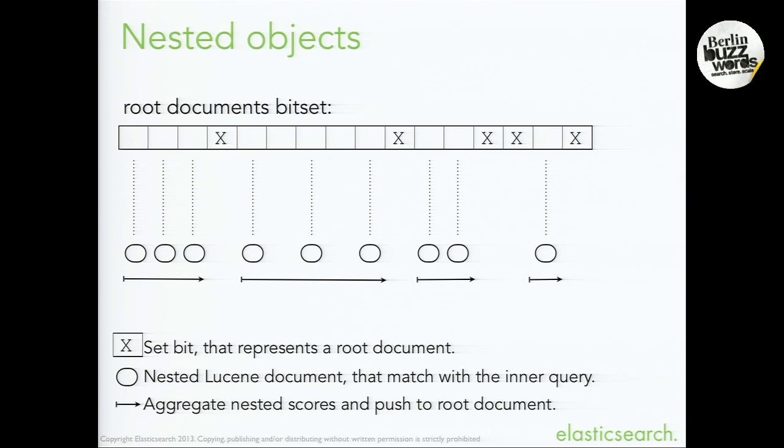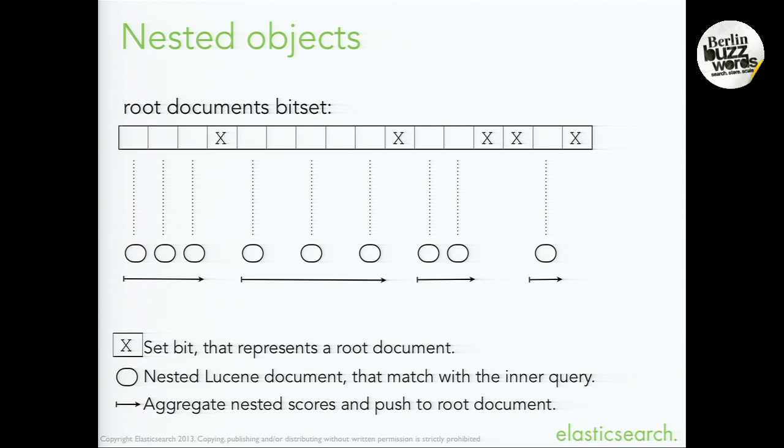It goes basically from left to right over the documents. So when a child hit is matched, because there's a bit set, it can easily tell what my next parent is, so to what document I need to push the score. This can really easily and efficiently be done inside this nested query.